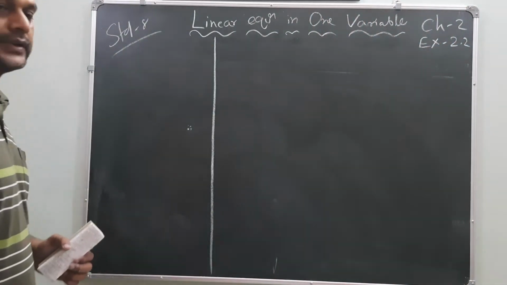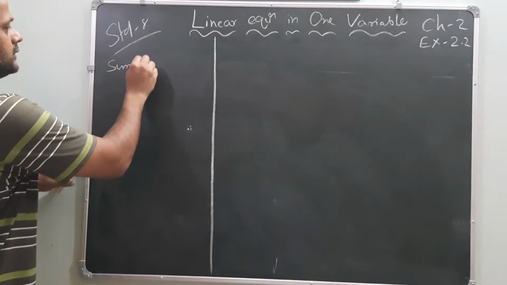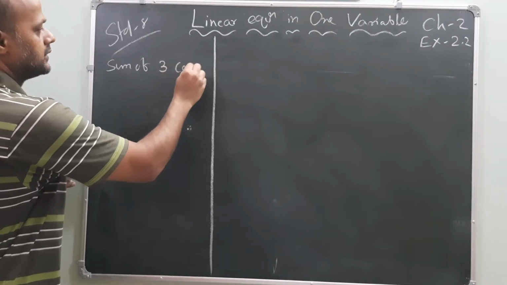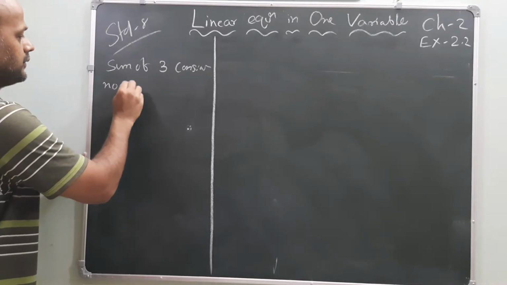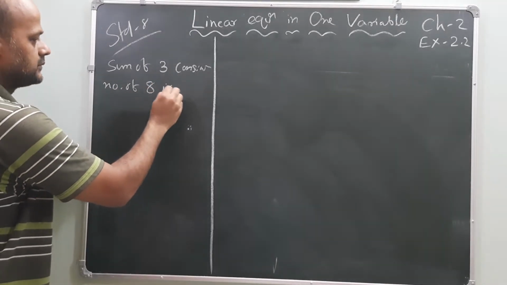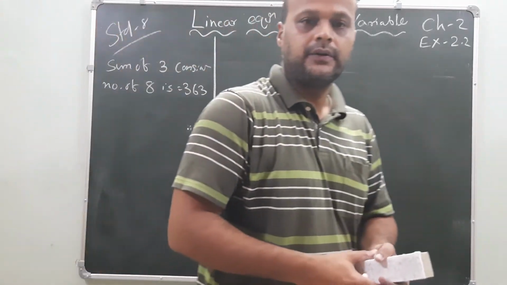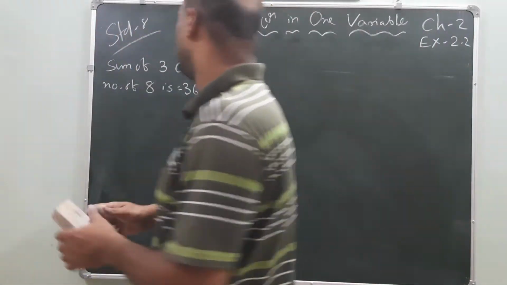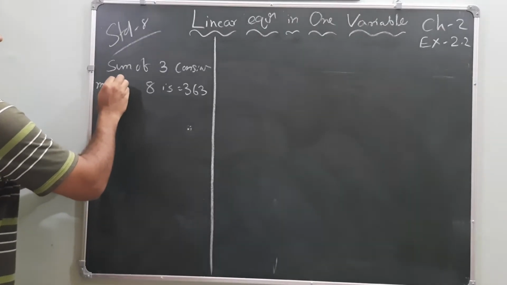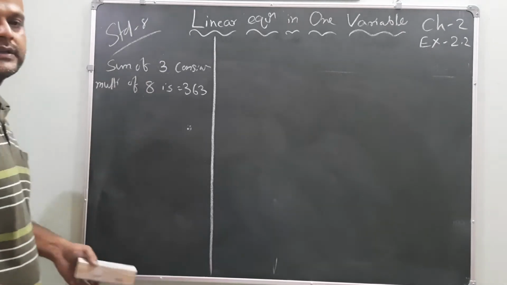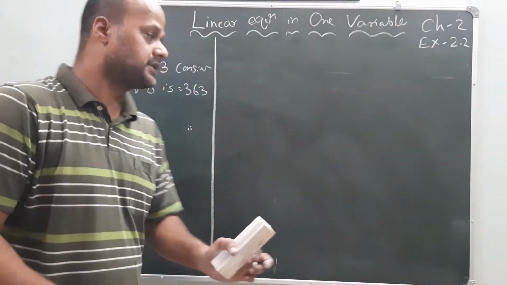So right here, it is saying that the sum of 3 consecutive multiples of 8 is 363. So find the 3 consecutive numbers.